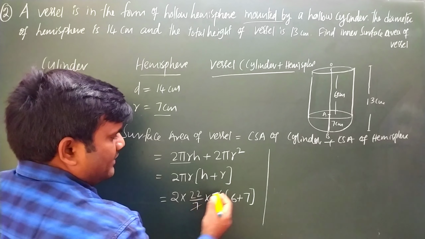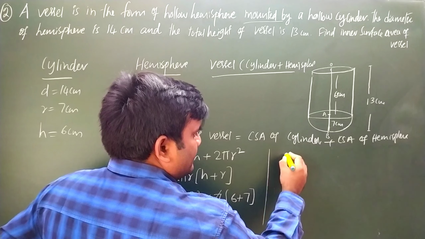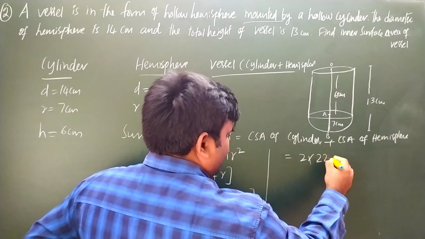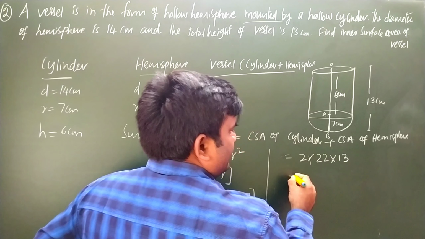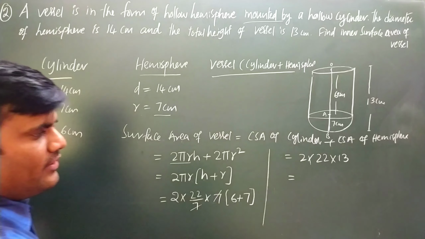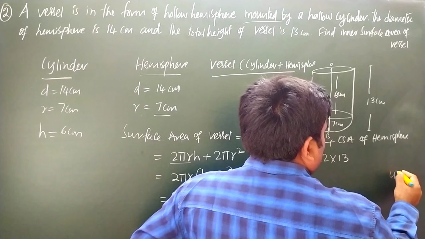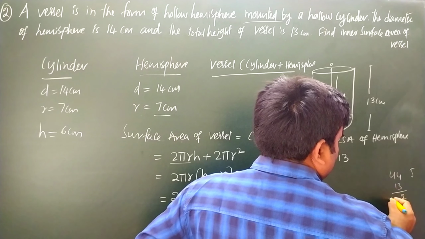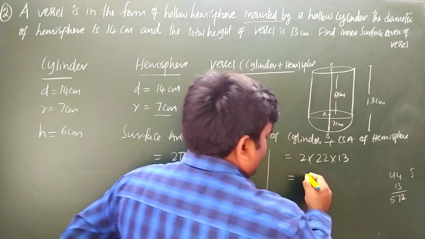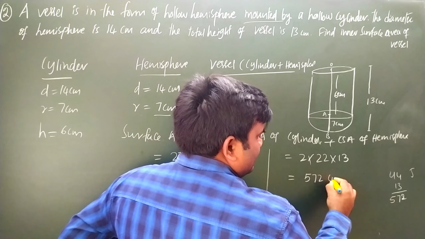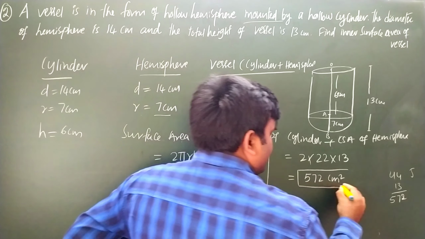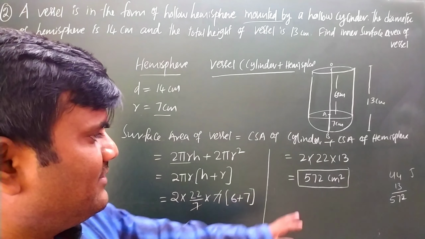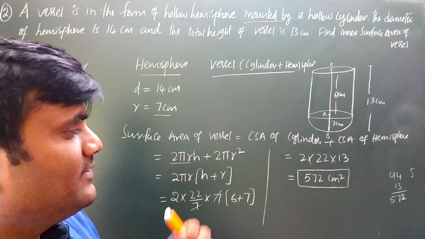The remaining is 2 into 22 into 6 plus 7, 13. So 2 into 22 is 44, into 13, 572 centimeter square. Therefore the inner surface area of the vessel is equal to 572 centimeter square.